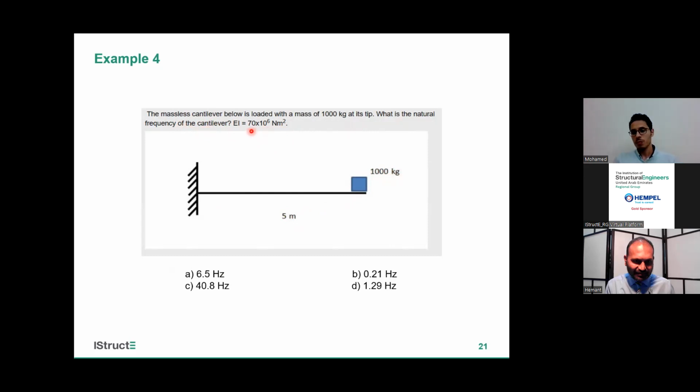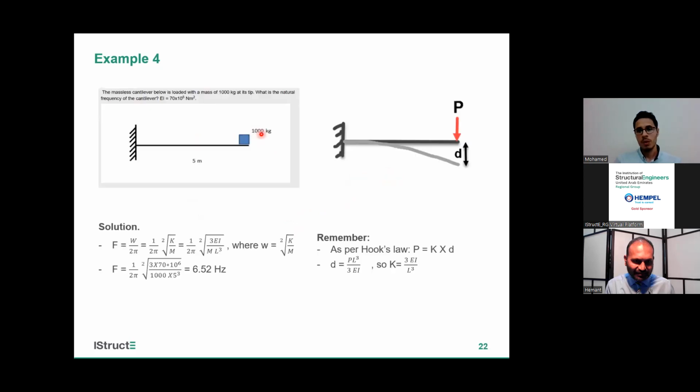What we will do, just remember, if we have a load like this, we will have a deflection here, let's say D. As per Hooke's law, P is equal to K times D. And D for a cantilever like this is equal to PL cubed over 3EI. So K will have this value. And the frequency is equal to omega, which is the angular velocity, over 2 pi.